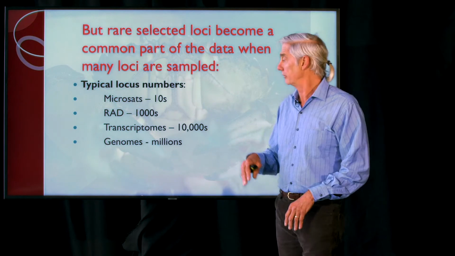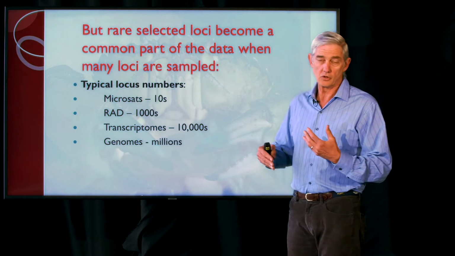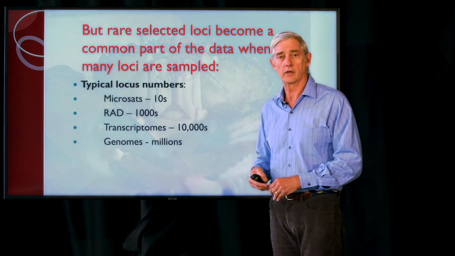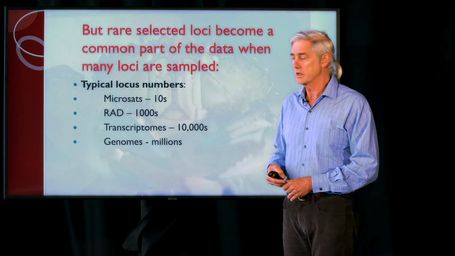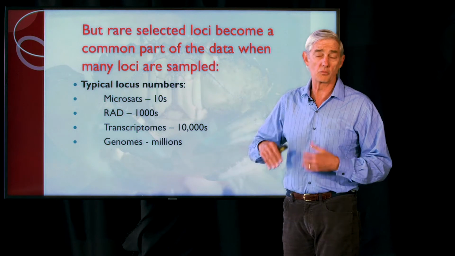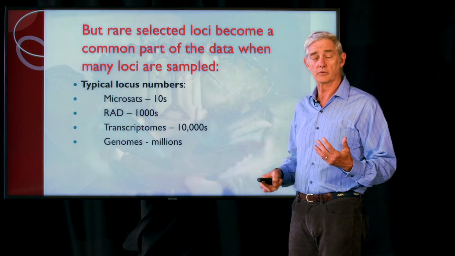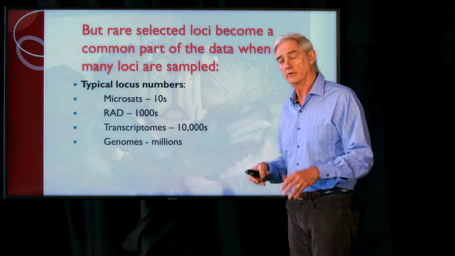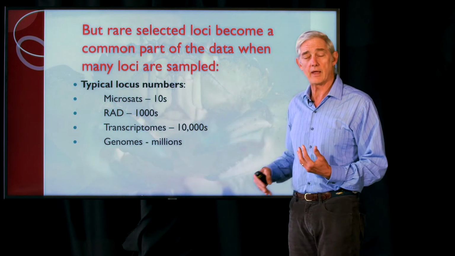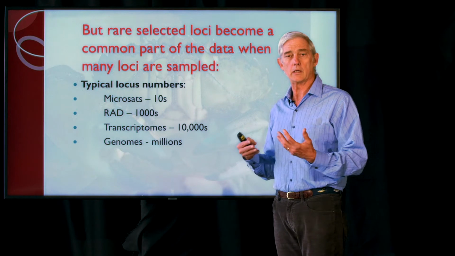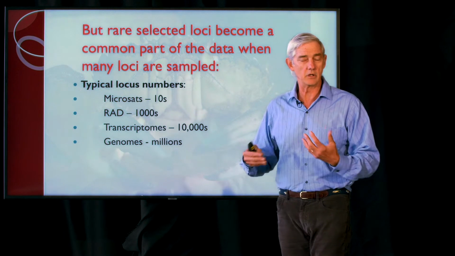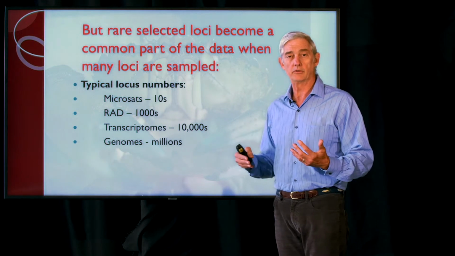Genetic markers called microsatellites can use tens of different alleles or different loci; 10, 20, 30 is pretty common. There are ways of looking across the genome randomly for thousands of different loci to see how genes interact. And then if you look at transcriptomes and then genomes, you have access to 20,000 or so different genes. If you look at genomes, you might have millions of polymorphic bases to look at.